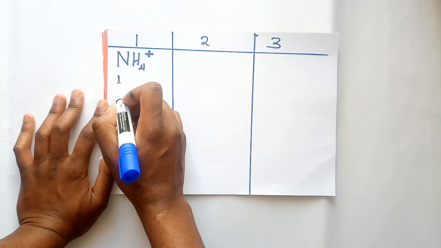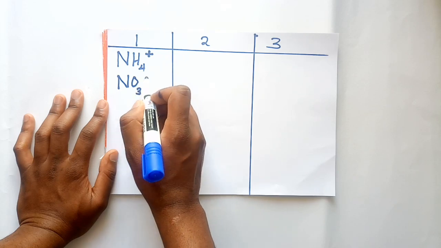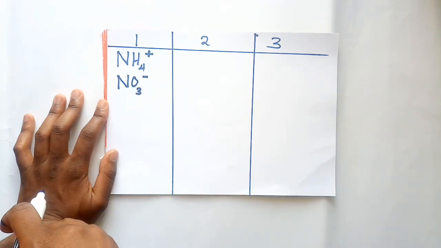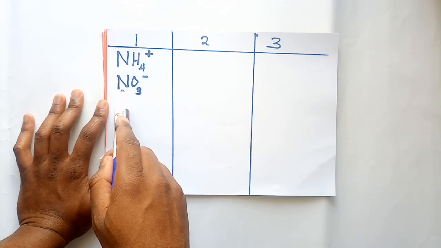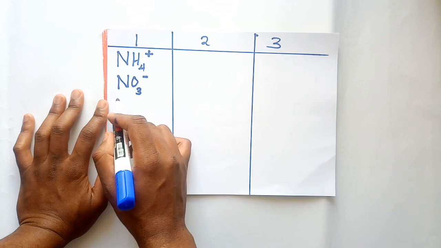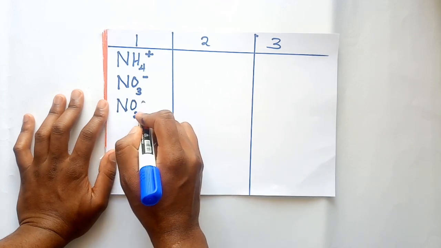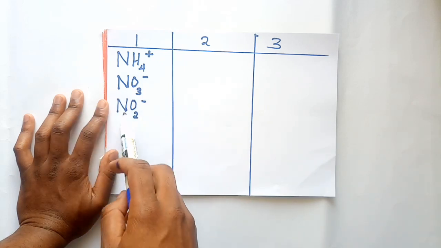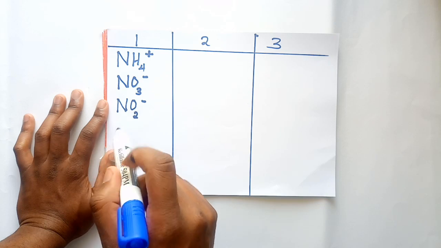The other one that we shall look at is nitrate ion. Nitrate has 1 nitrogen and 3 oxygen and a negative charge. The other one is nitrite ion: 1 nitrogen, 2 oxygens and a negative charge there.